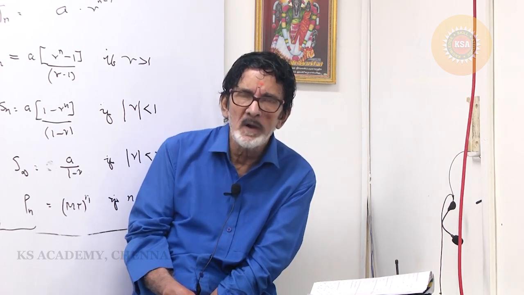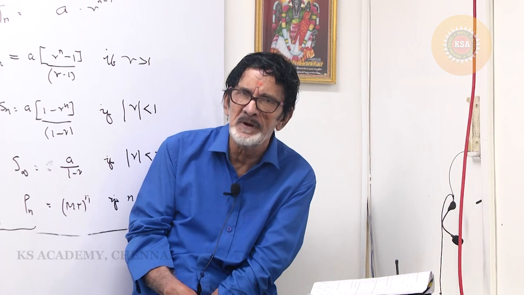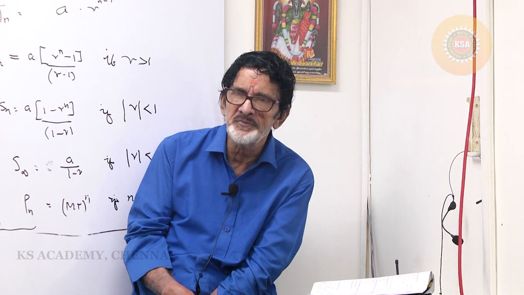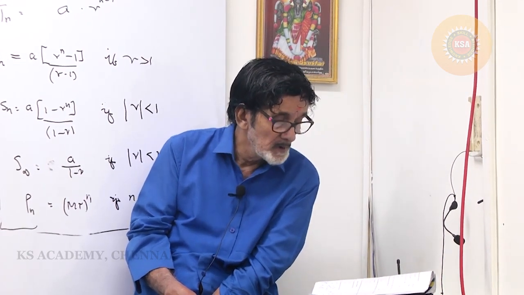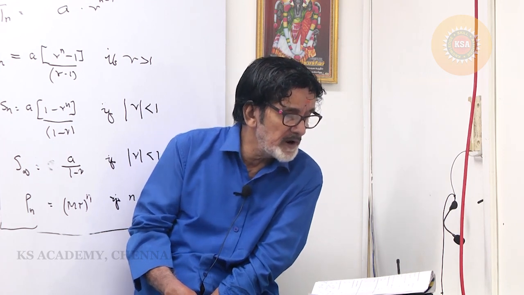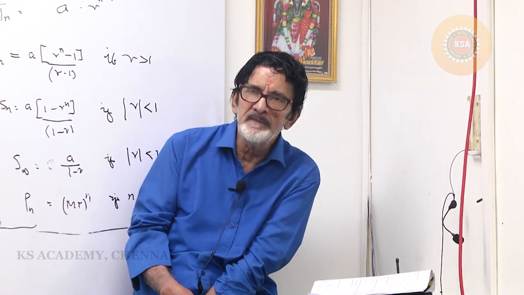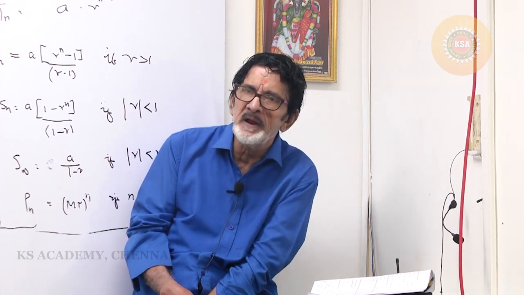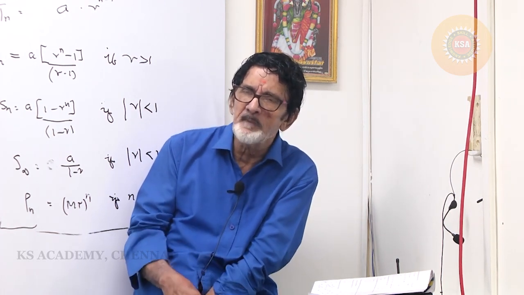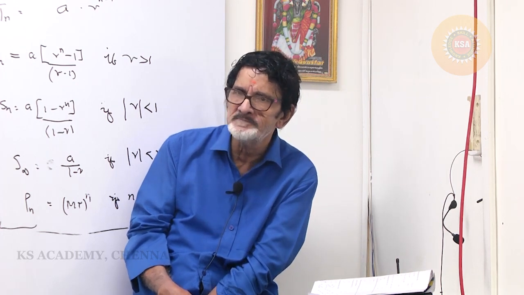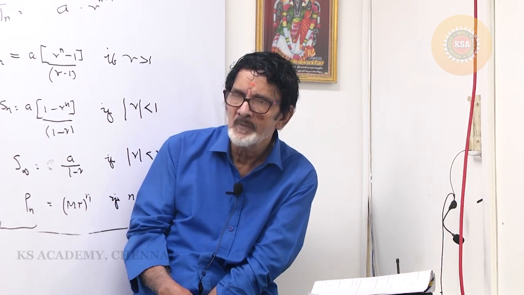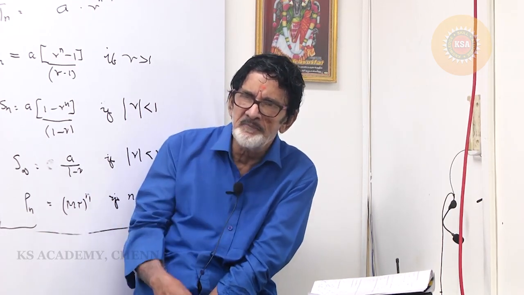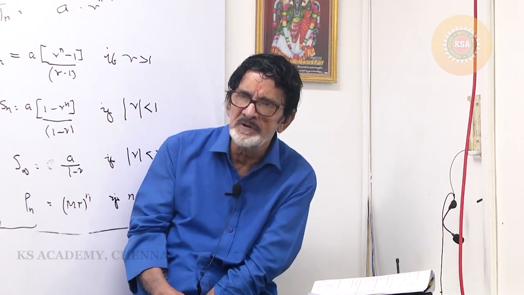Take each option and put n is equal to 1 and simplify. If the result is 0.5, why 0.5? Because it is the first term, T1. If the result is 0.5, then the option is correct.